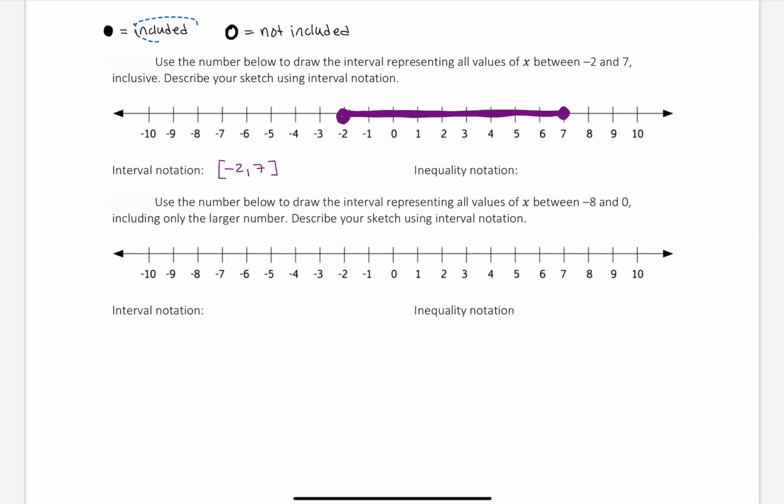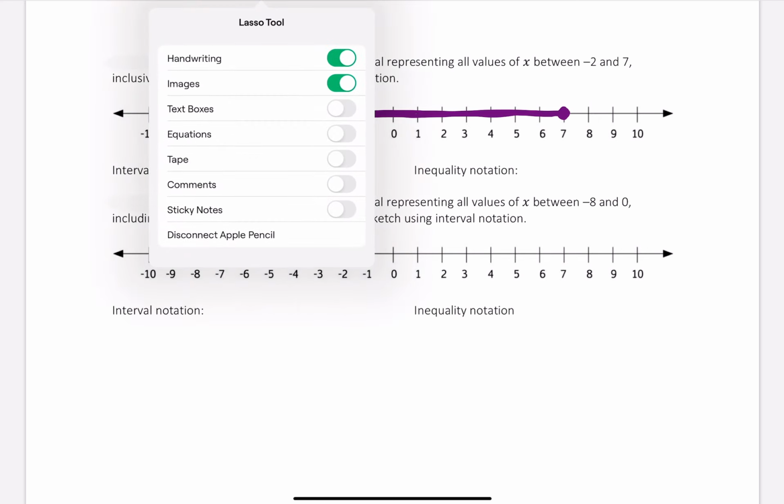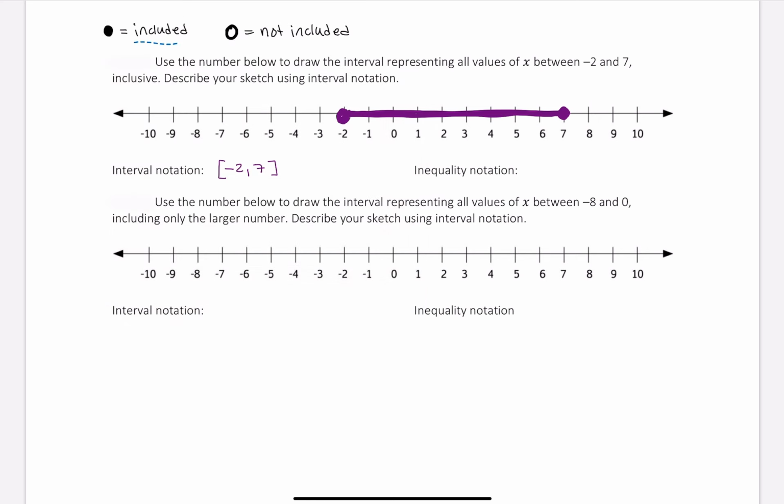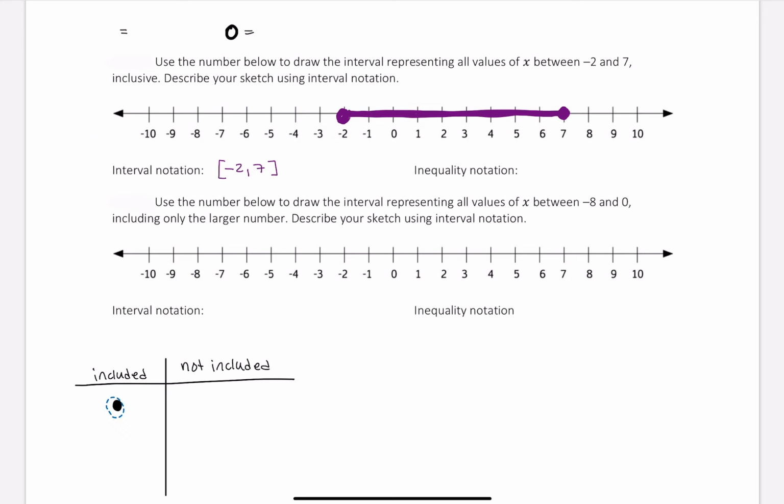So what I'm going to do is make a table. There we go. So here's included, not included. This is my little table I'm going to make. And I suggest you do this too. Again, if it doesn't fit on your page, use a Post-it note, use another sheet of paper, make sure you paperclip or staple that to this page. So we include dots and open circles.